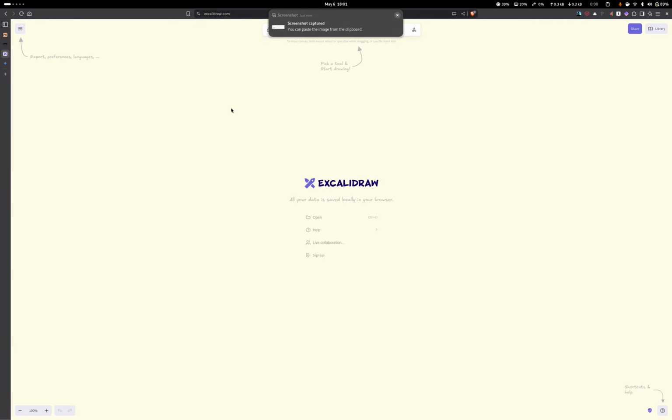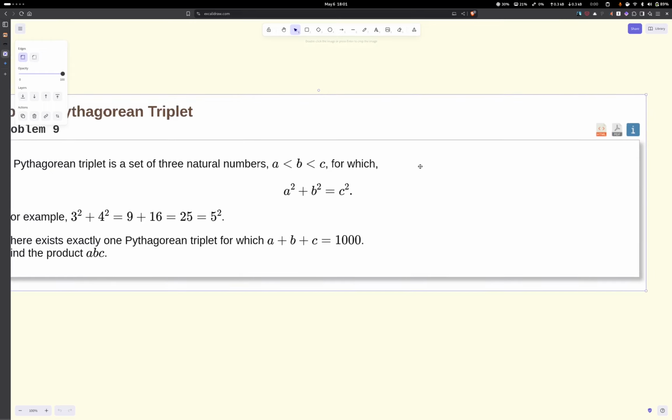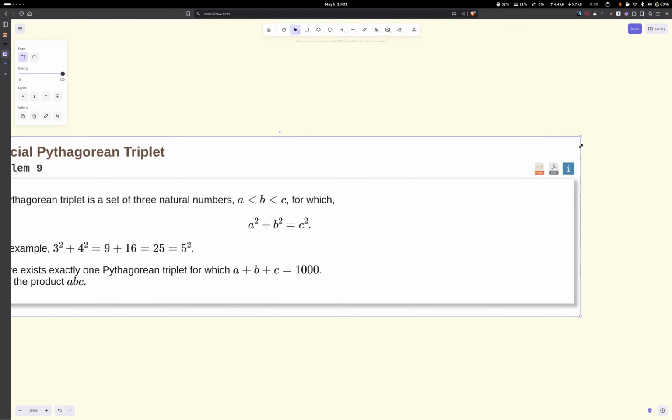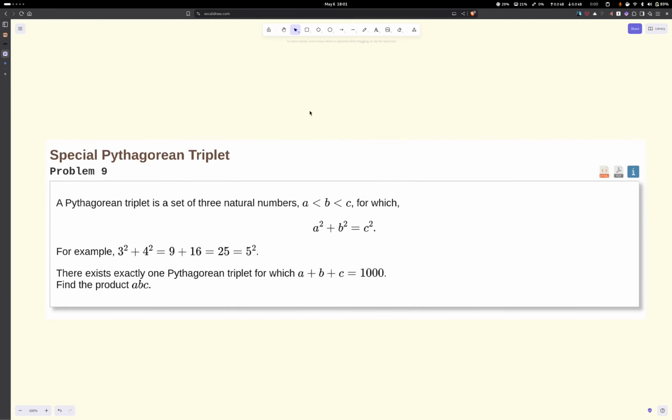Okay, so, all right, what is this? Oh, that's a bit big. Okay, so what does this say? A Pythagorean triplet is a set of three natural numbers, a less than b less than c, for which a squared plus b squared equals c squared.